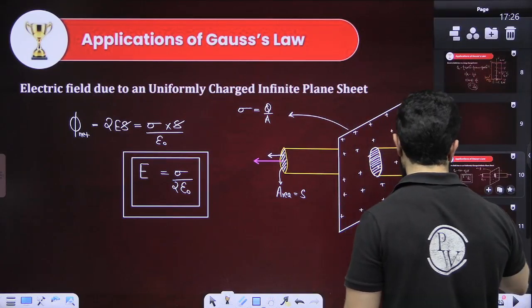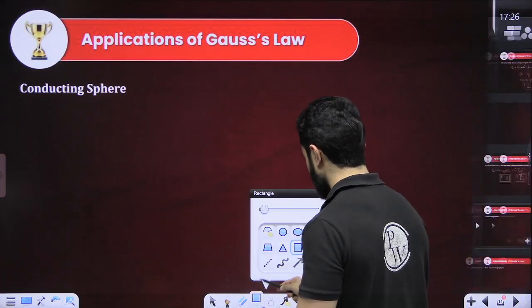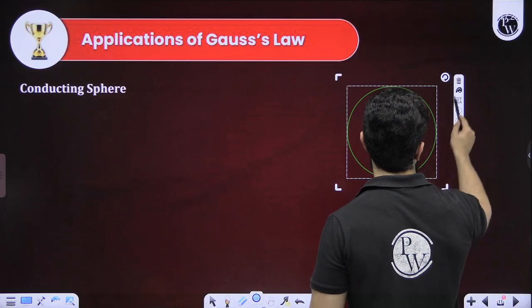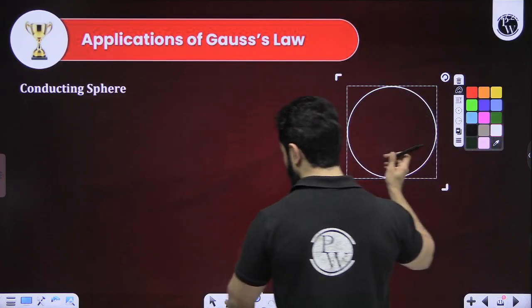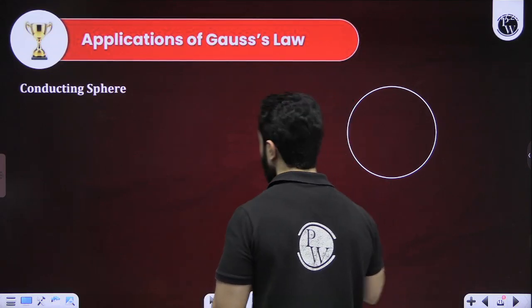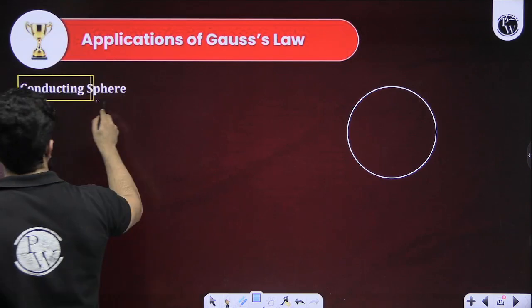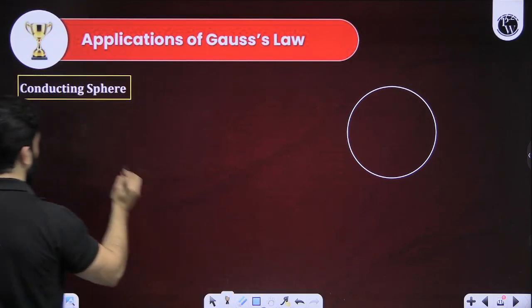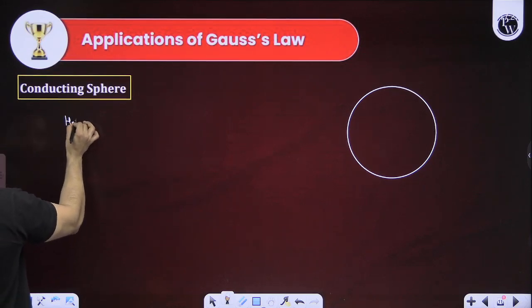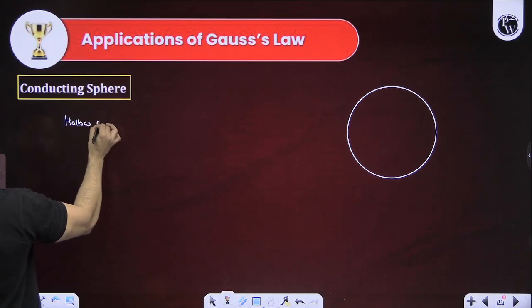Moving on to a conducting sphere. The speciality with a conducting sphere is, conducting sphere can be whether you have got a hollow conducting sphere or solid.